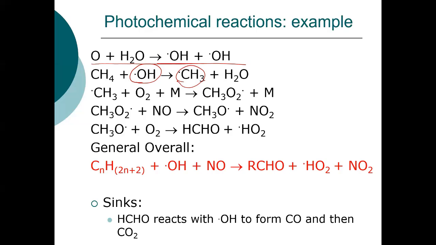We get a series of reactions. This M is just some species that absorbs energy. But the important thing is notice here, we form a peroxyl radical. That peroxyl radical reacts with NO to form NO2. That's how we form NO2.